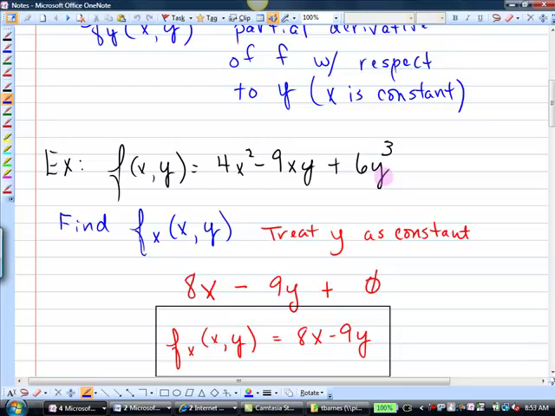When you have y by itself and you're treating it as a constant, what's the derivative of a constant? 0. So you have 8x minus 9y plus 0, which ends up being just 8x minus 9y. That's the answer. That is the derivative with respect to x.